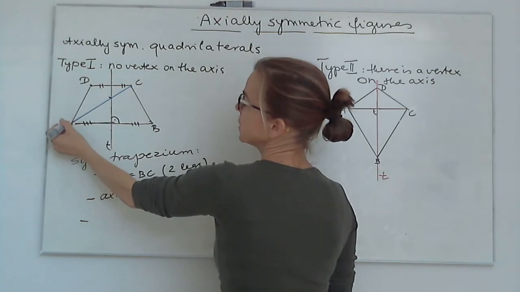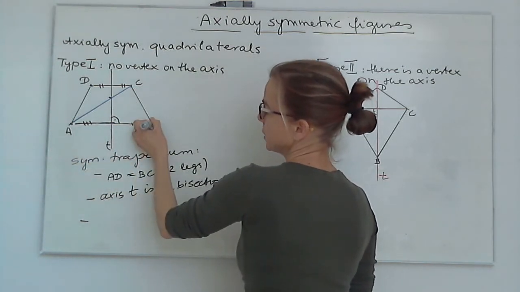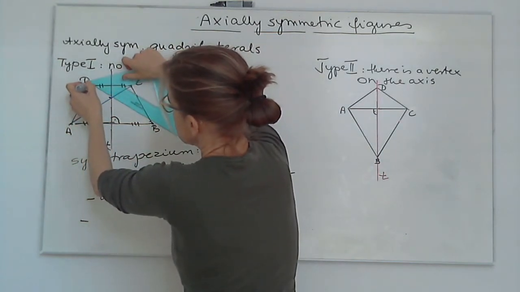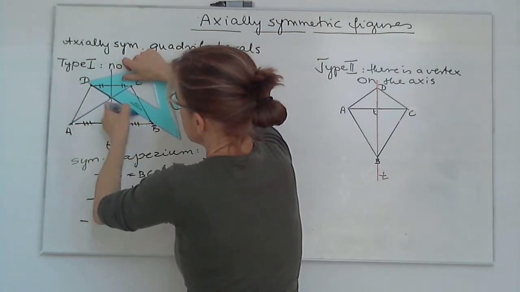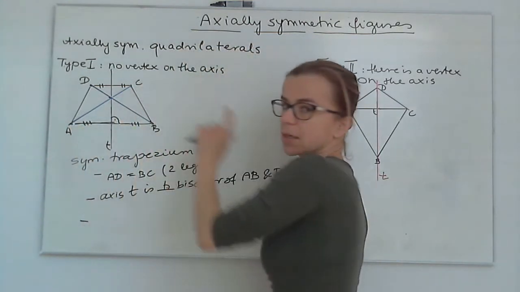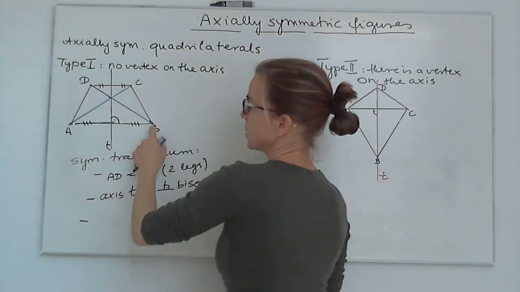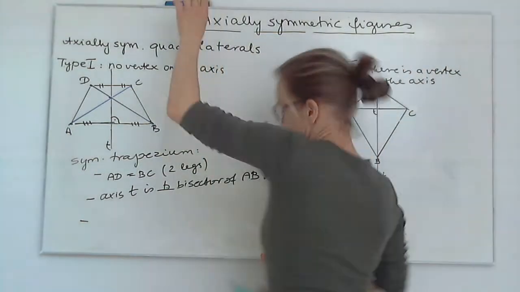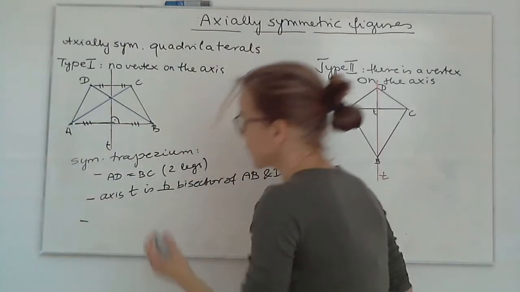And this point of the diagonal is reflected to B because of the symmetry. So actually what I get is that the mirror image of the diagonal AC is exactly the diagonal BD.